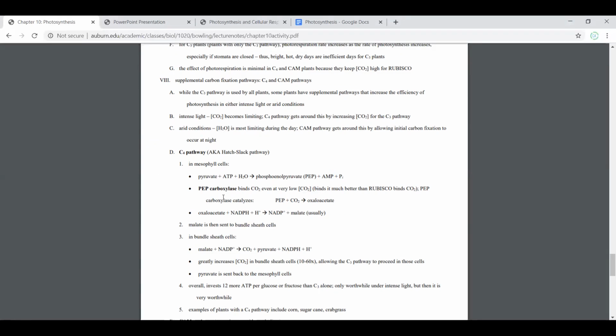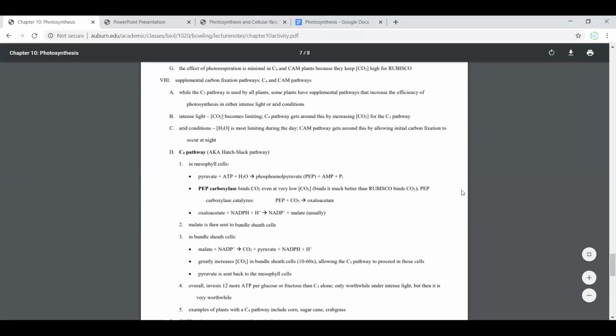So in this pathway, we have another important enzyme. Remember that for the Calvin cycle, we use Rubisco to catalyze the first step. In this case, it's PEP carboxylase. PEP carboxylase is really important, and what it does is it has no affinity for oxygen at all. So instead, it's going to bind to carbon dioxide even at very low concentrations of CO2.